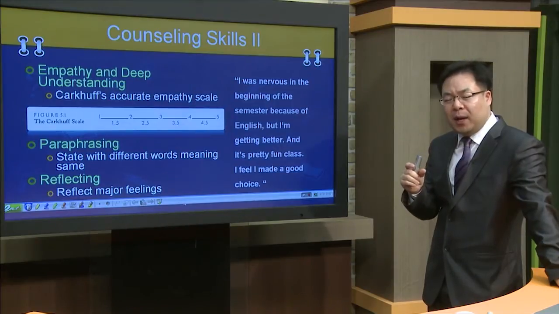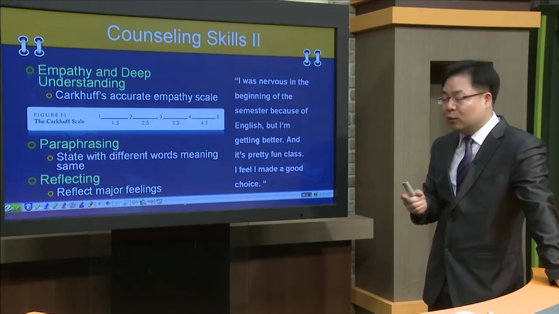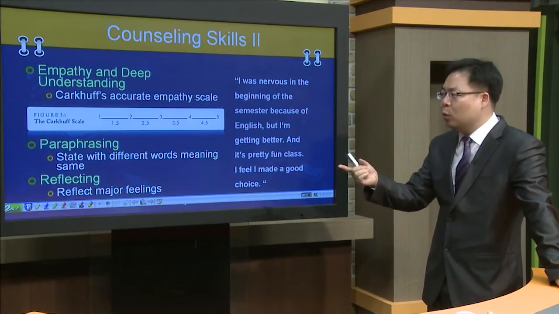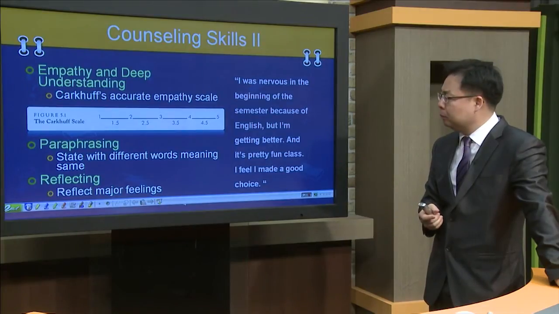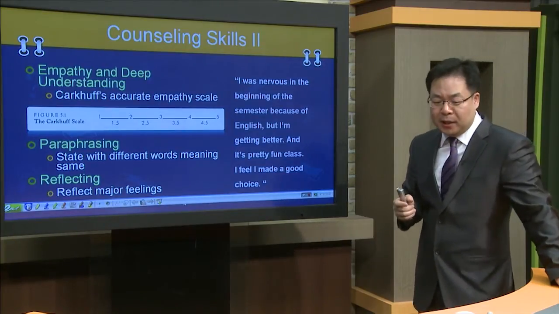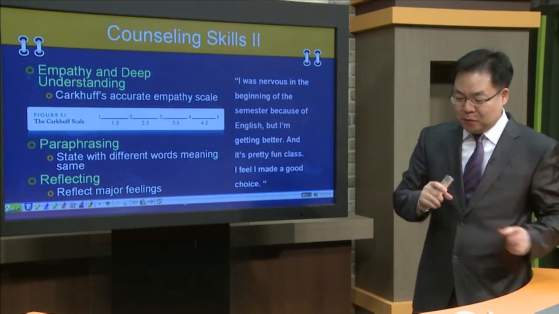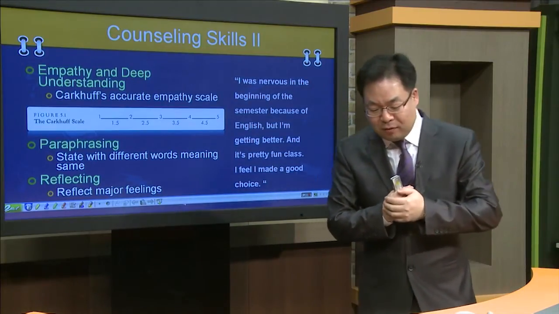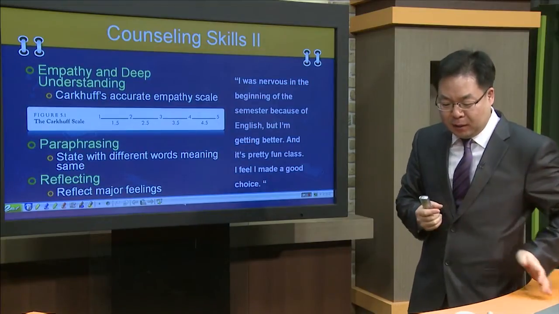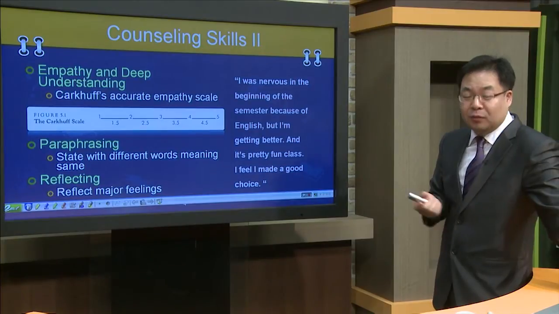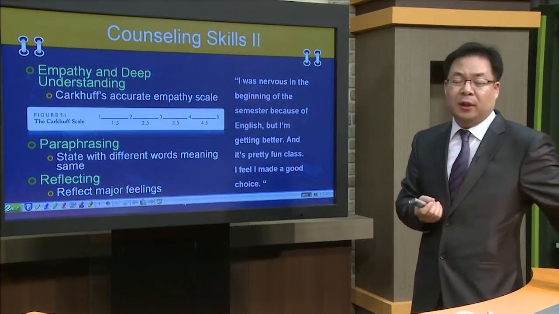What would be the main themes, main thought, and some fact from this statement? Because we want to state with different words meaning the same. Do you have any ideas? I made some examples of the paraphrase in this case. I developed, "It sounds like you like the class, even though it is an English class."